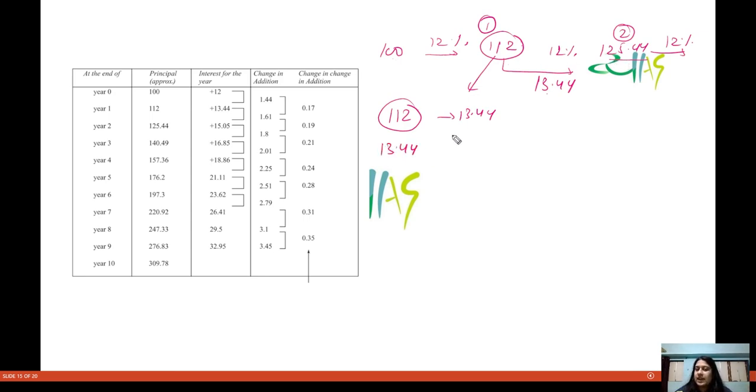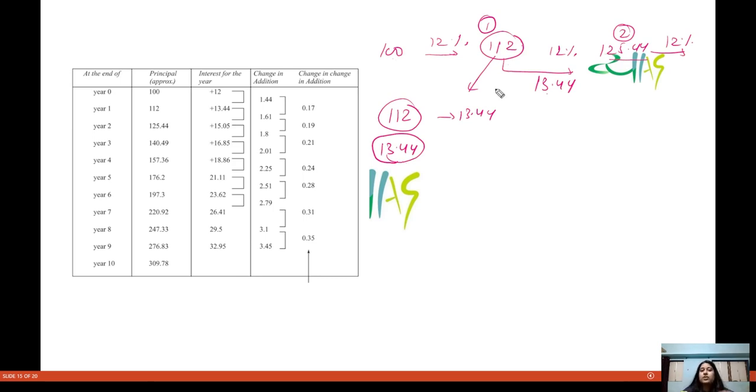13.44 is left. Okay, if you add 13.44 to 112, then you get this 125.44. Now you have to calculate 12% of 13.44. Okay, 12% of 13.44. Fine.